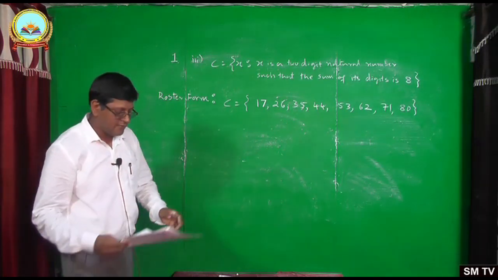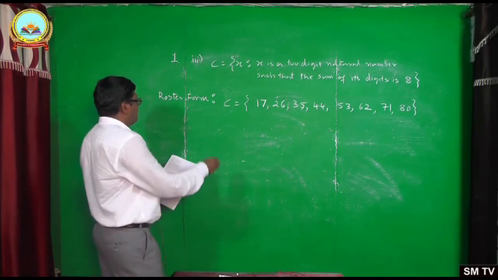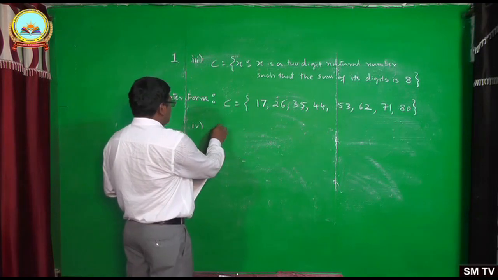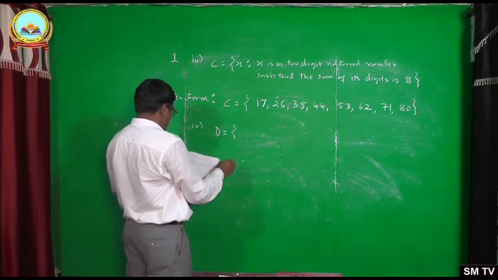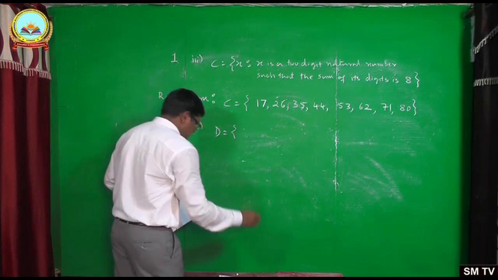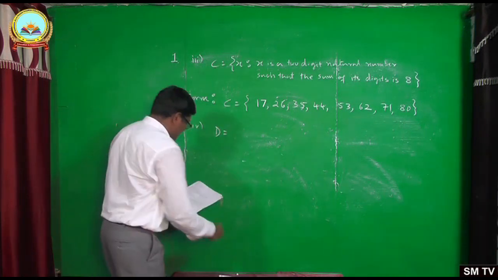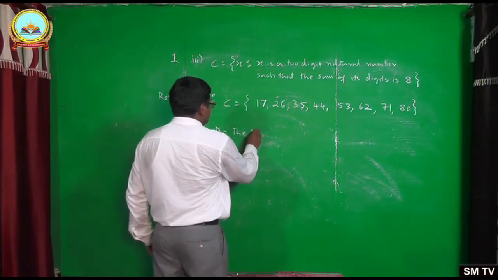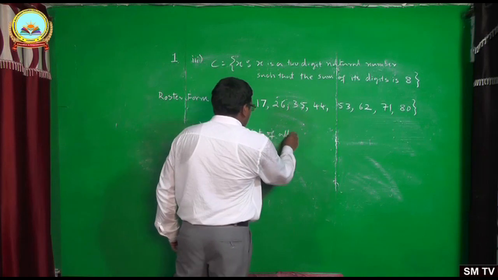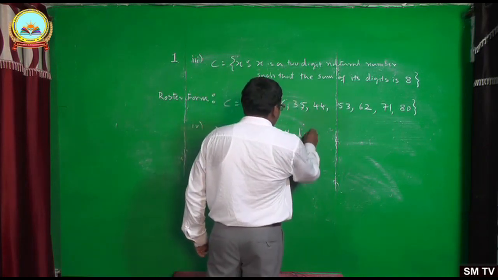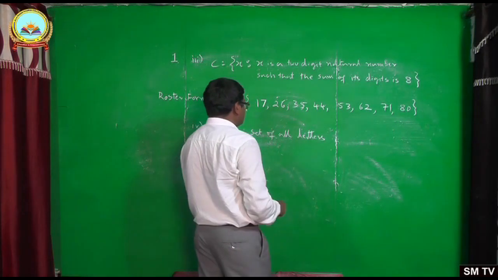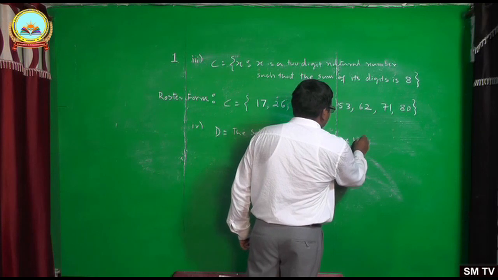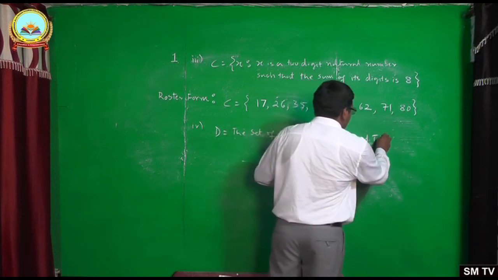Just one more, fourth one. D is the set of all letters in the word trigonometry.